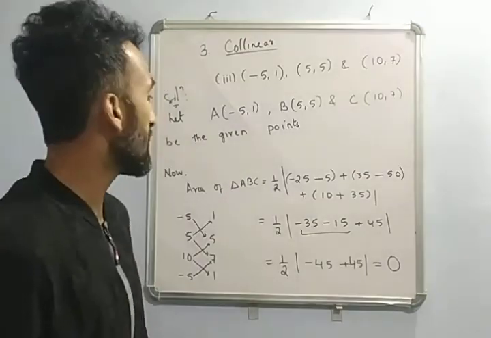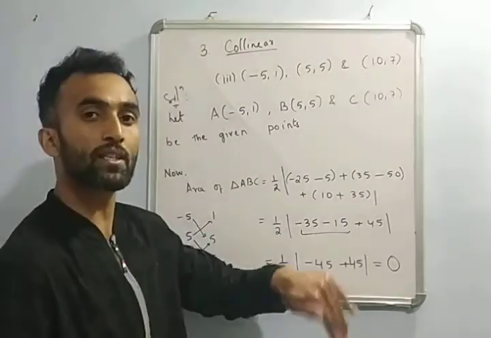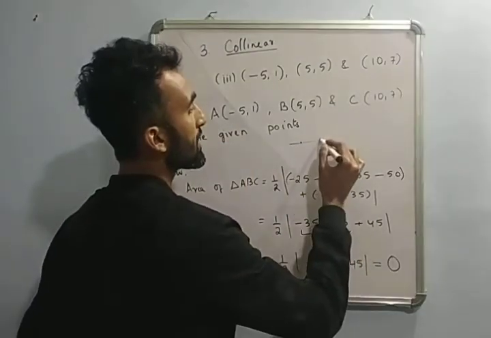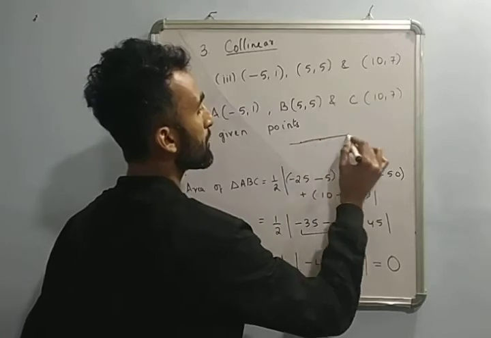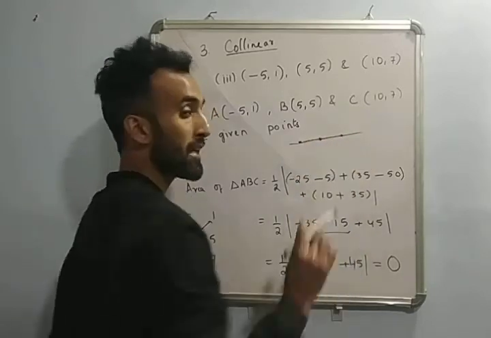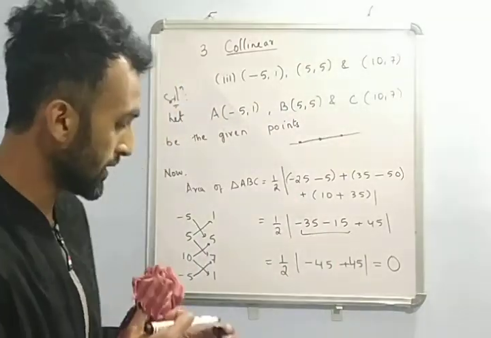Then what did we get? Area of triangle ABC is 0. That means they are not enclosing any area. If they are not enclosing any area, the 3 points lie in a straight line, in the same line. That's why they are not enclosing any area. That means they are collinear.